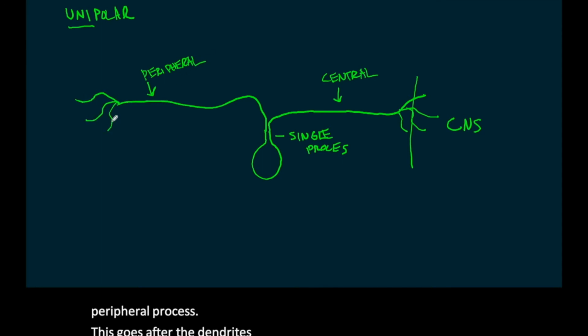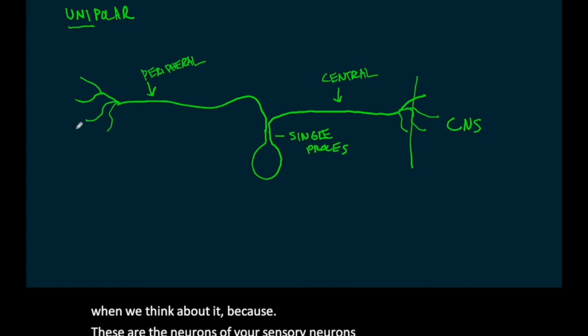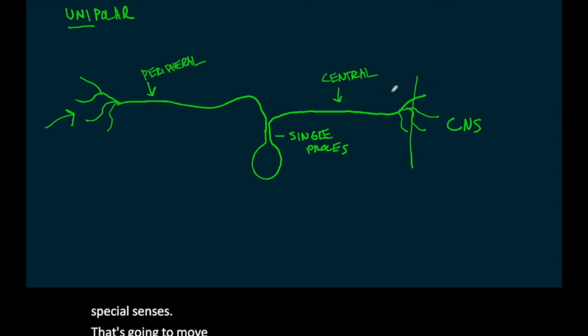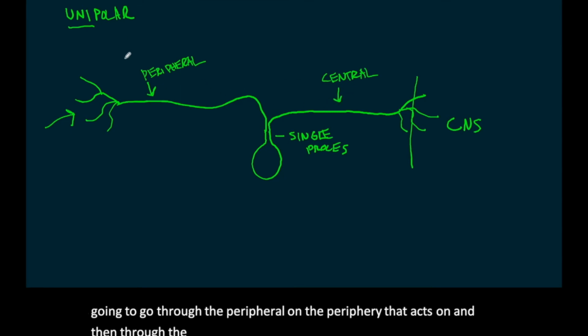And this makes sense when we think about it because these are your sensory neurons, like your tactile and touch neurons. So incoming sensory information here, again, it's not special senses, is going to move along, and then it's going to enter your CNS. So it's going to go through the peripheral process, that axon, and then through the central process here. But this entire thing is your axon.